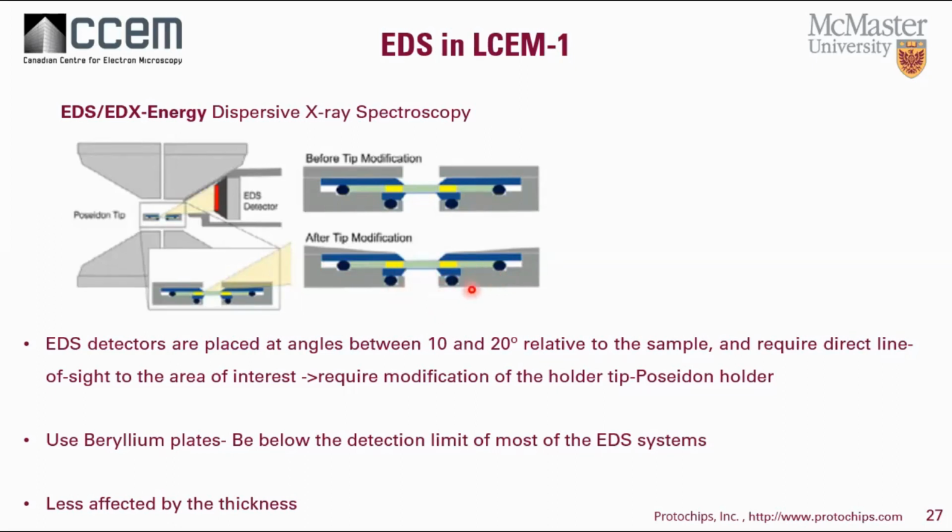So the holder had to be modified and etched, which allows the line of sight. If it's possible, use the modified beryllium plate every time you do EDX in a liquid cell. And also the EDX technique is affected less by the thickness.